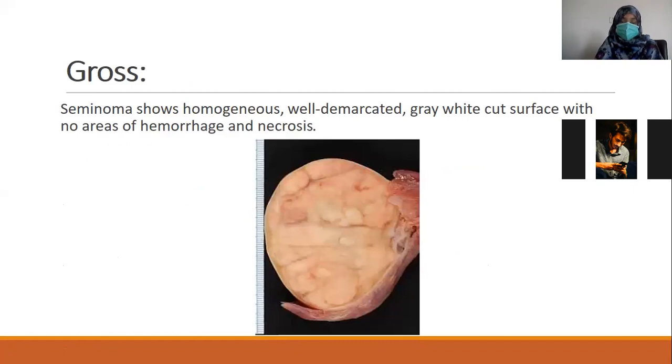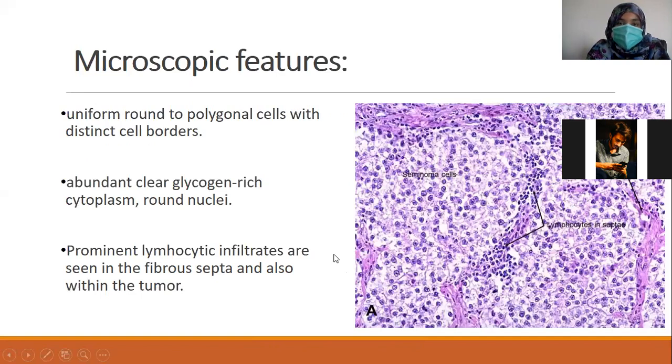Grossly, how can you see a testicular tumor? Seminoma shows a homogeneous, well demarcated, gray-white cut surface, and there are no areas of hemorrhage and necrosis. Microscopic features: this is how you see it on a microscope slide. These are uniform round to polygonal cells with distinct cell borders.